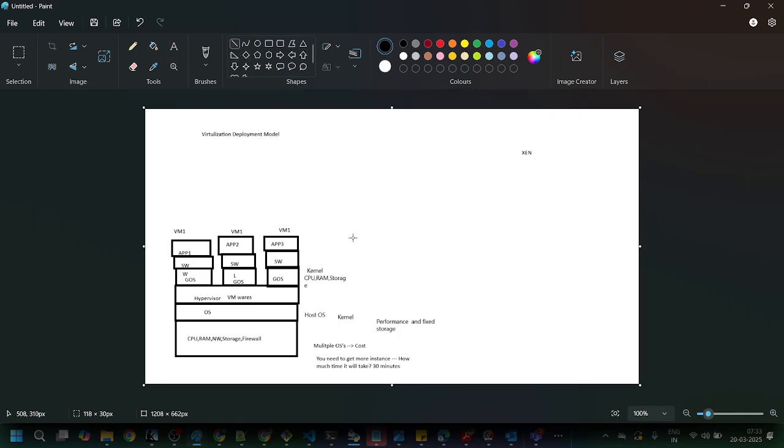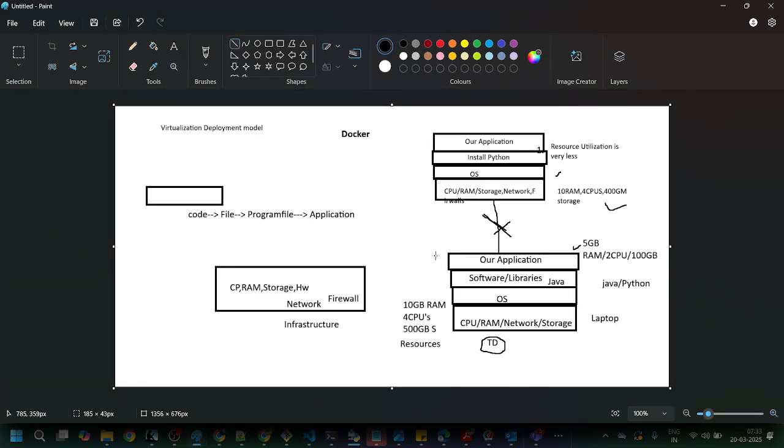For example, generally when we create an instance, we take an Ubuntu or Amazon Linux image, right? We can take this entire system as an image.